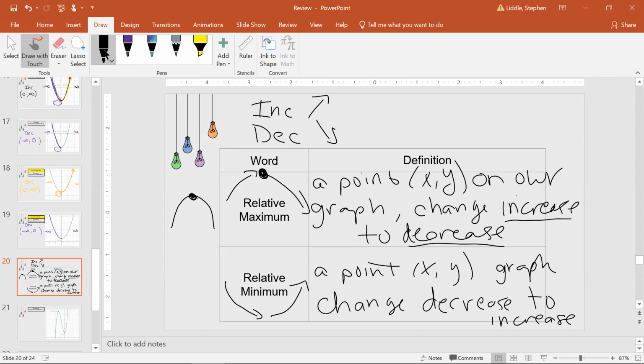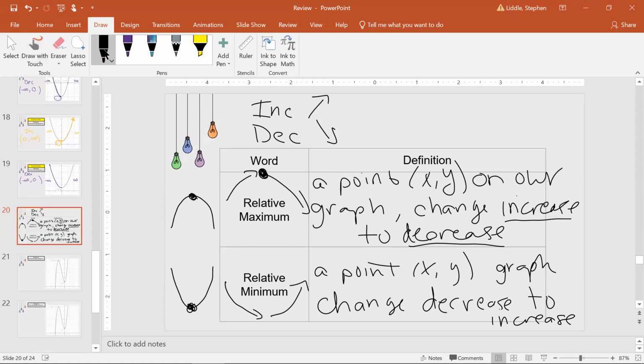If you were to think of a roller coaster or a slope, it goes down first and then up. So this bottom point would be our relative minimum. Now there can be multiple relative maximums and minimums, depending on how many intervals of increasing, decreasing. It's easiest to think how many little hills or how many little valleys there are.